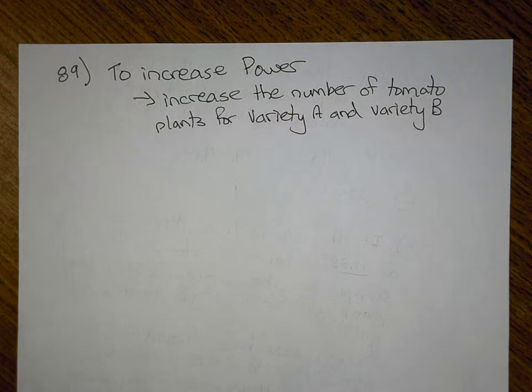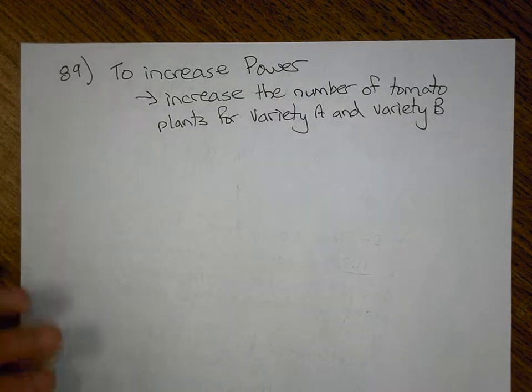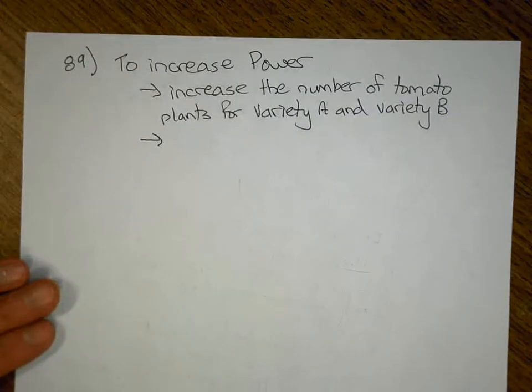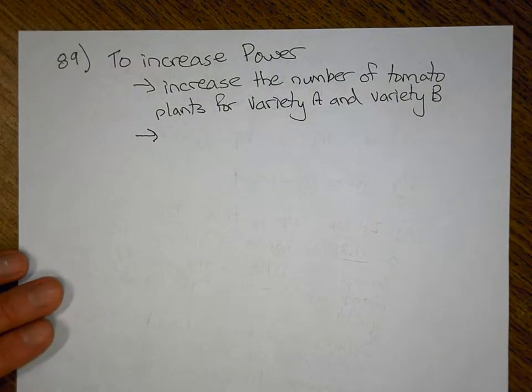That's what the parameter was, the H0. So they want to increase the power, which is to reject the H0 of mu equaling 0.5. Increase tomatoes for both varieties.